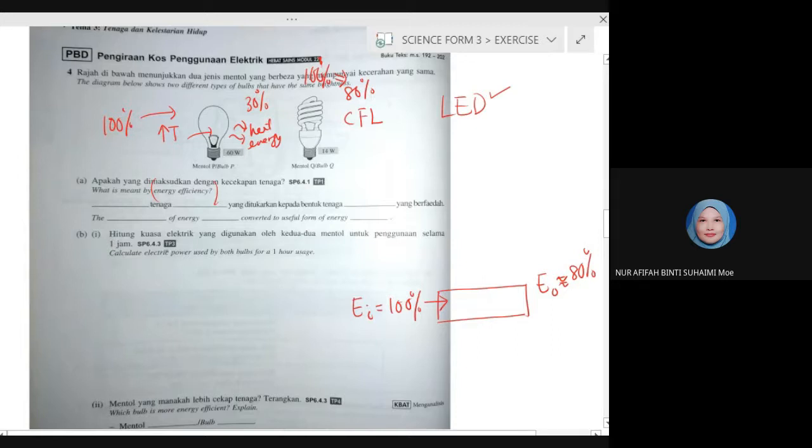So here, number 4A means the percentage of output energy converted to useful form of energy. Look in the textbook for the meaning. What must be put in the line here? What type of energy is converted to useful form of energy?